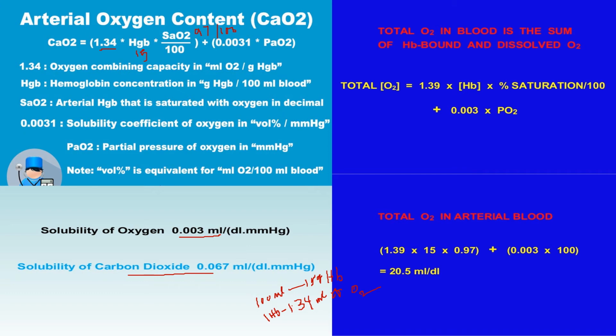So, substituting the values, the total oxygen in the blood is 1.34 ml times hemoglobin in 100 ml, which is 15 grams, times percentage of saturation, 97 by 100, plus 0.03 times the partial pressure of oxygen, 100. If you substitute the values, 1.34 times 15 times 0.97 plus 0.03 times the partial pressure of oxygen, then it will be 20 ml per dl.